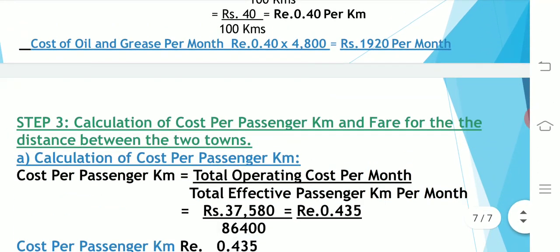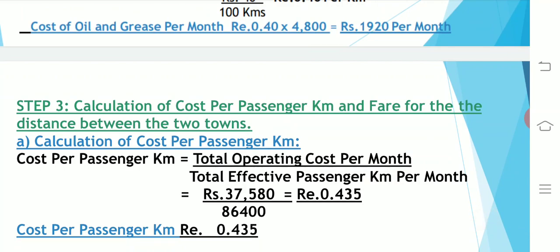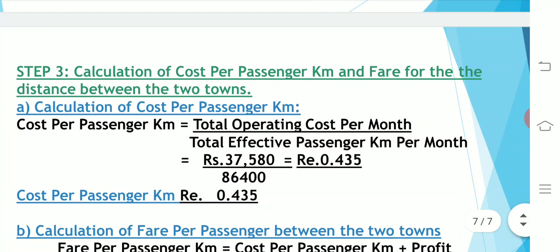The third step is to calculate the cost per passenger kilometer and the fare for the distance between two towns. First we will calculate the cost per passenger kilometer. Cost per passenger kilometer is equal to total operating cost per month divided by total effective passenger kilometer per month.